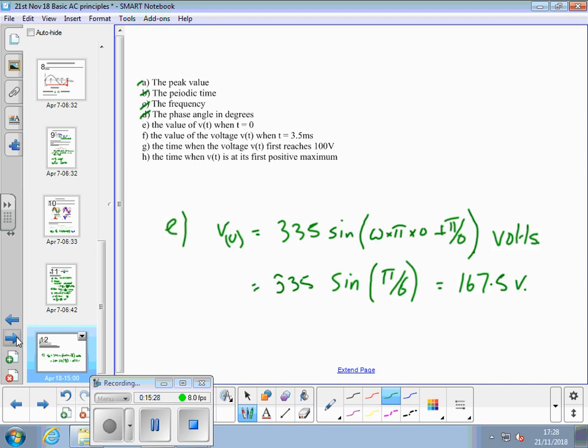All right, and if we think about this waveform, there's 180 degrees, there's 360. Think about this waveform shifted forward 30 degrees. That's going up to 335 there somewhere. Your first answer doesn't look right, does it?